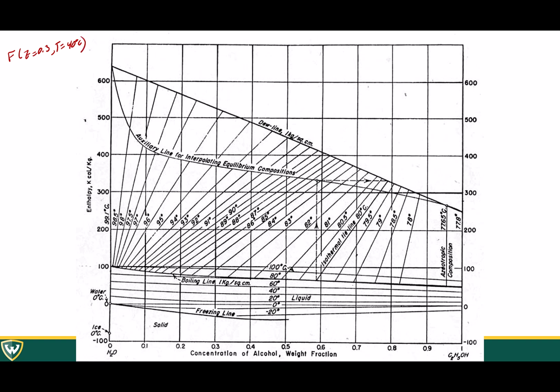We have that our distillate was X_D equal to 0.8, and that it is a saturated liquid. For our bottoms, we have X_B equal to 0.05, and I believe, since it's a partial reboiler, we assume that it is a saturated liquid as well.